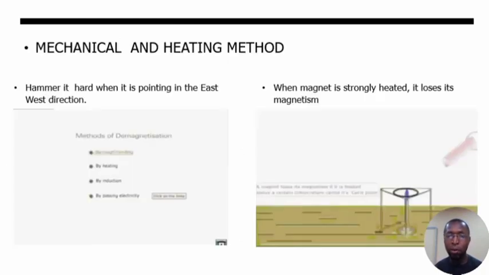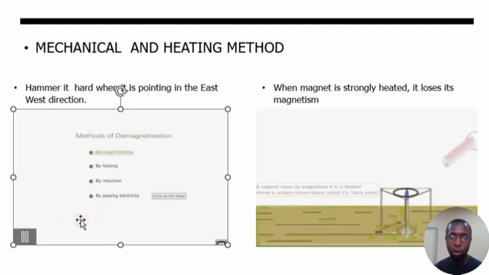The next methods of demagnetizing a magnet are the mechanical method and the heating method. The mechanical method is like getting a hammer and hitting that magnet with it. When you do that, gradually the magnet will lose its magnetism. However, the heating method is by subjecting the magnet to heat, bringing it under fire.